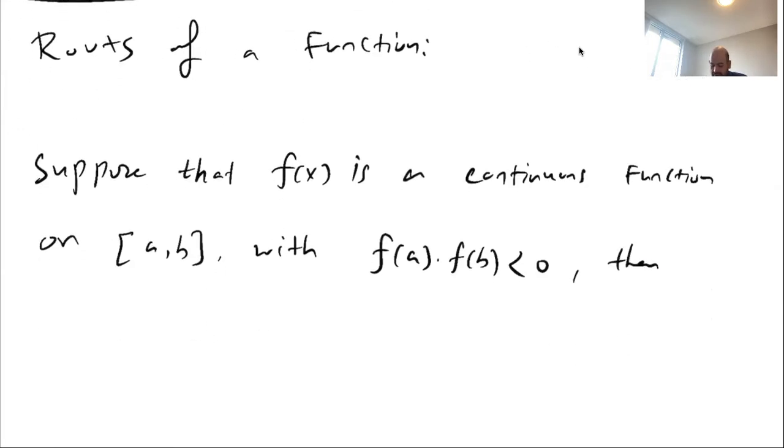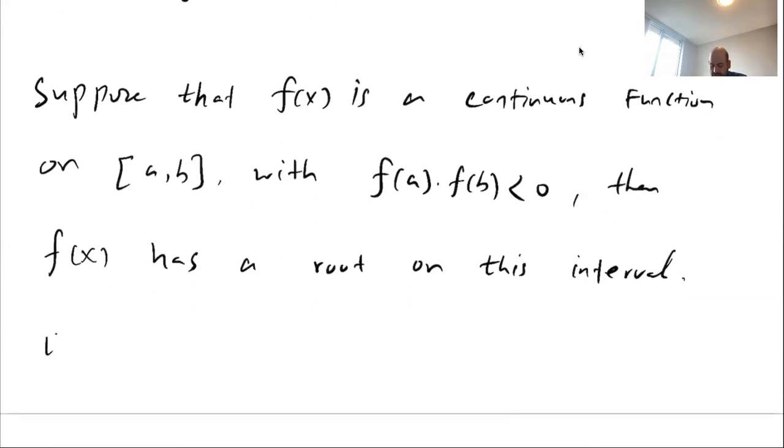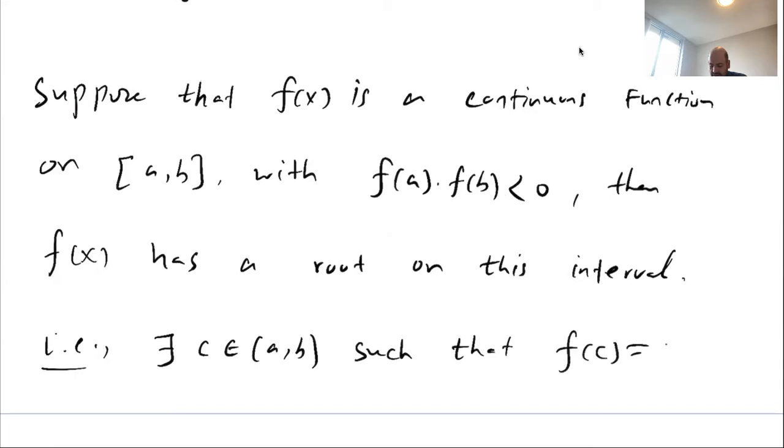Then f of x has a root on this interval, meaning that there exists a c value between a and b such that f of c is equal to 0. If f of a times f of b is less than 0, then f of x has a root, meaning that f of c equals 0 for some c between a and b.